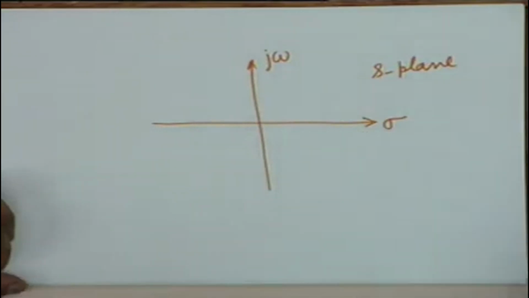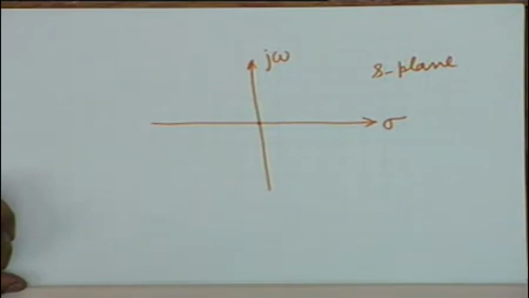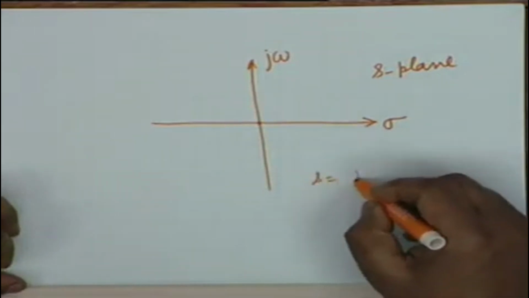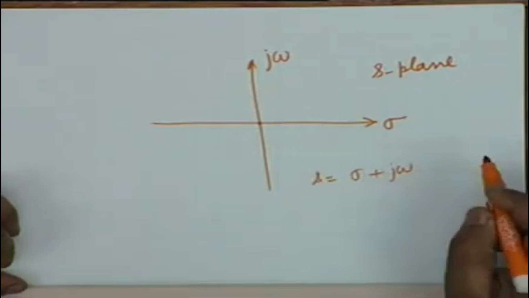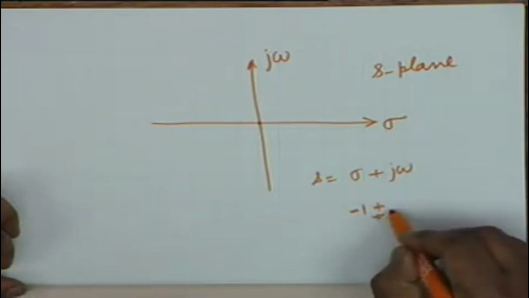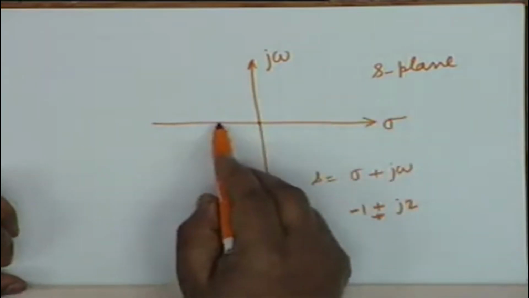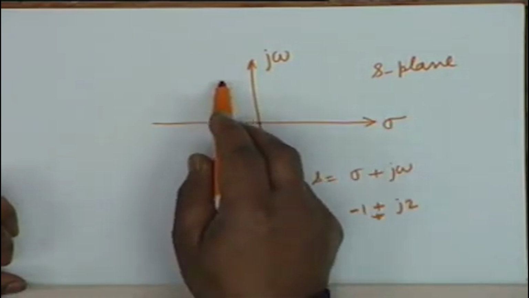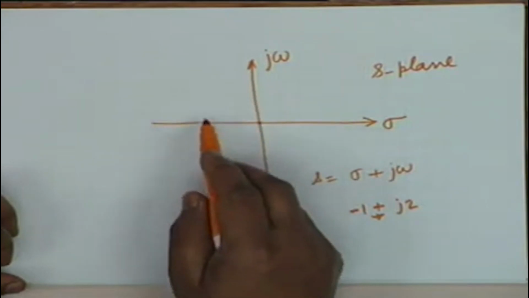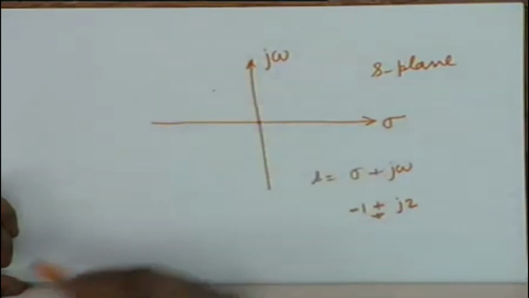For example, this is the 0, 0 point. So our s in general is sigma plus j omega. Now if we have, let's say, minus 1 plus j2, then we go minus 1 in this direction and we go 2 units perpendicular to it in the upward direction, and our point would be somewhere here.